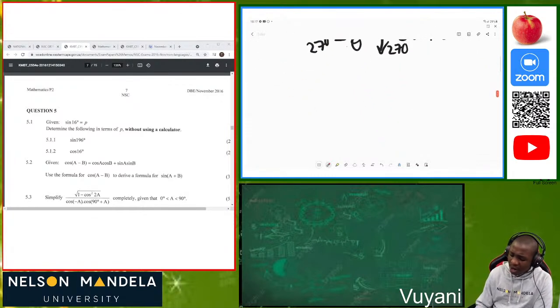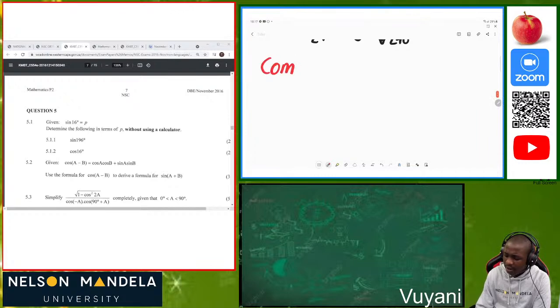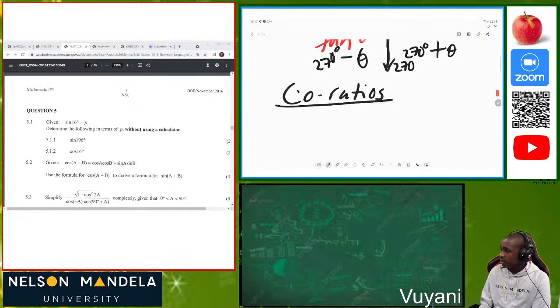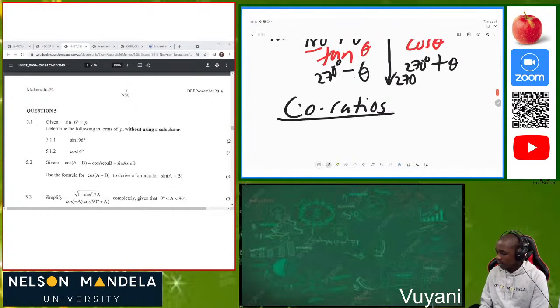Now, whilst I'm still on this case, I want to introduce what we call co-ratios. I hope I didn't name them wrongly. If I did, please correct me.